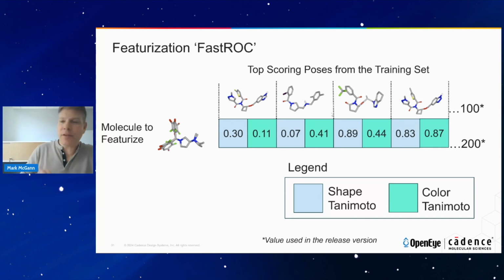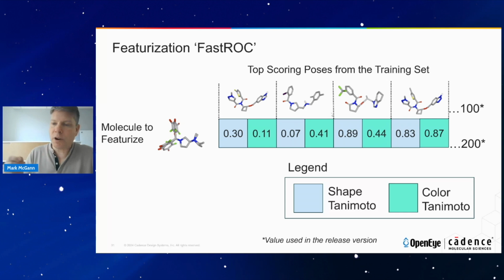So then for every single molecule that we're trying to featurize, which is the entire remaining set of molecules of the initial billions that you've given it, we do a FastROCS calculation. We overlay that molecule onto each one of these top scoring training poses, and we compute the shape and color similarity of those overlaid molecules onto the docked query poses.